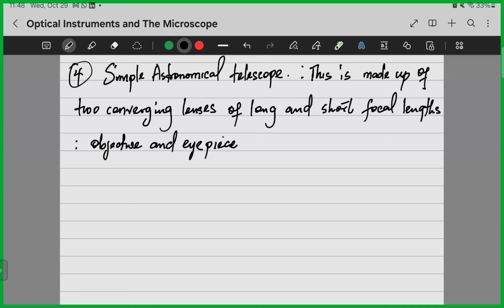But the Galilean telescope can be used on Earth, because it forms an erect image, which is appropriate for a near object. Take note of that.